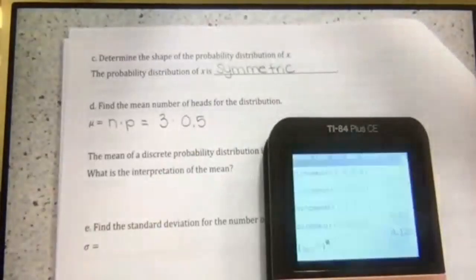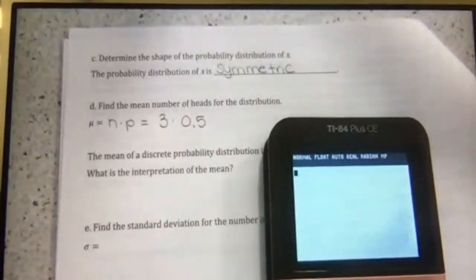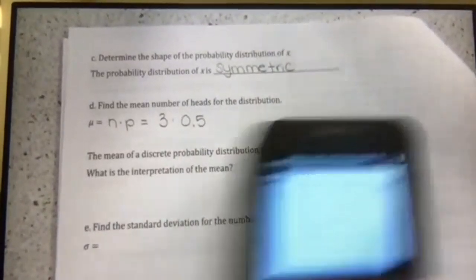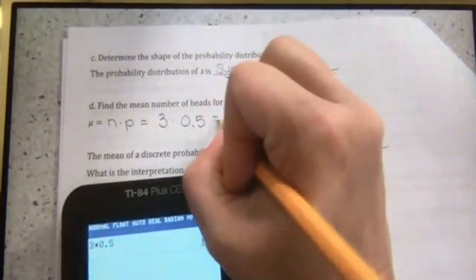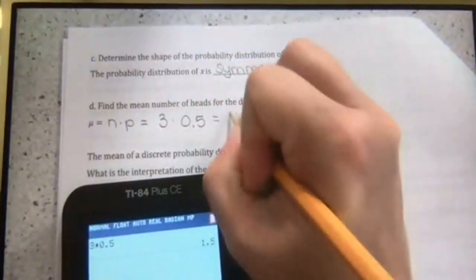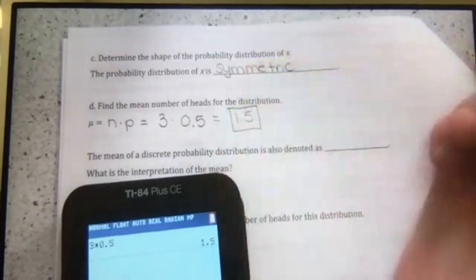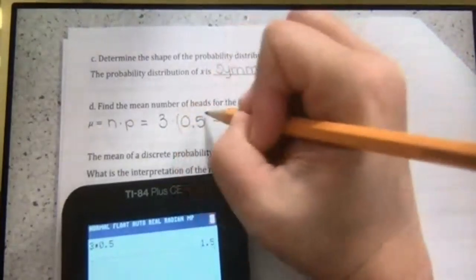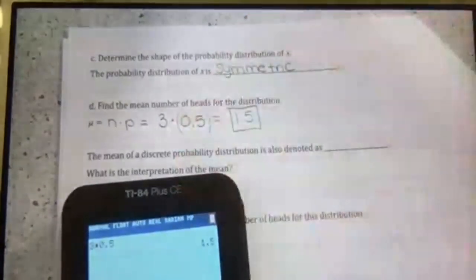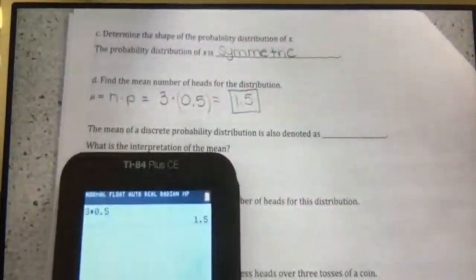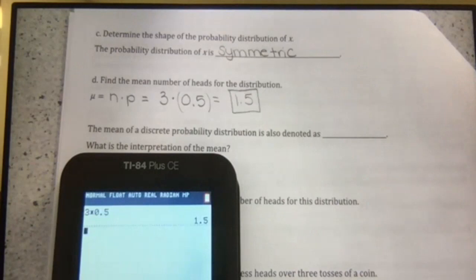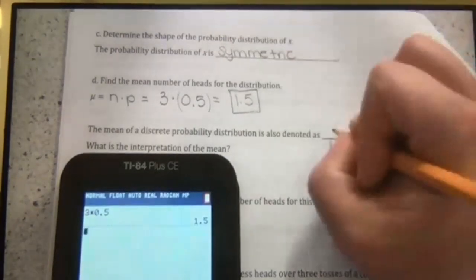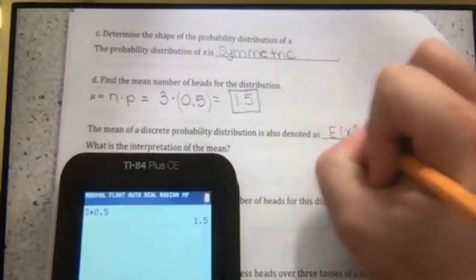So 3 times 0.5 will give us 1.5. Done. That kind of looks weird, but 3 times 0.5, n times p. The mean of the discrete probability is also denoted as E of x, which is our expected value.